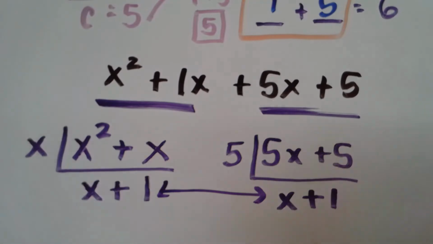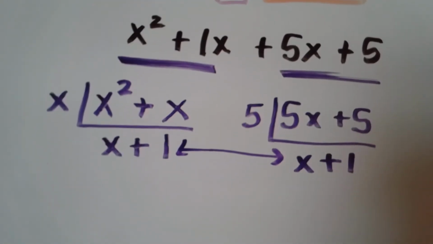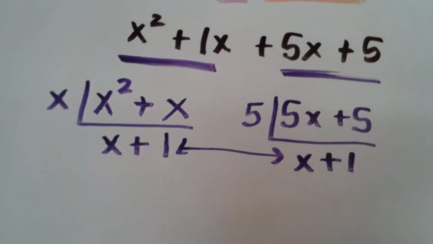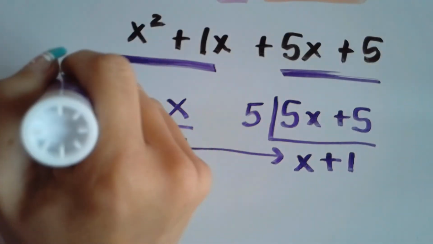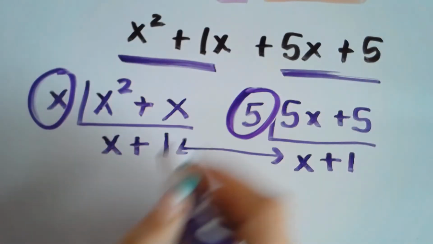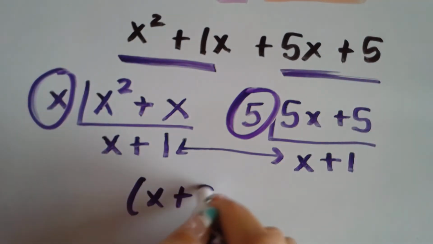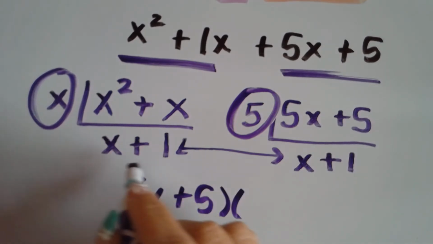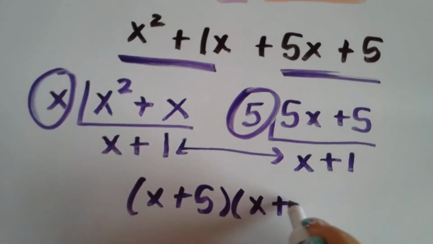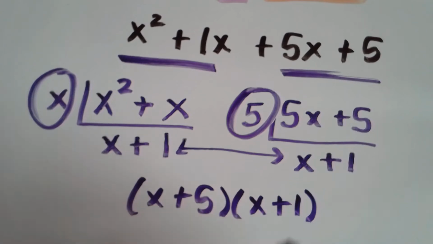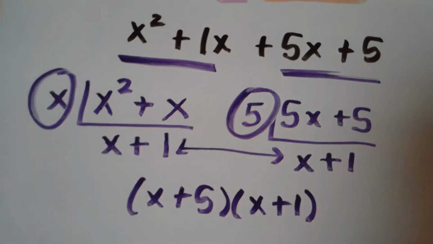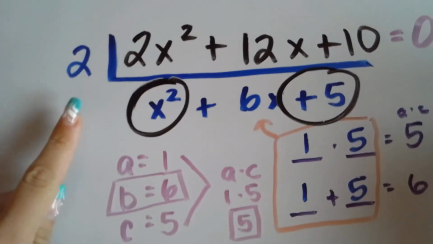So let's go ahead and write our final factored answer, okay? So we have x and 5, so we're going to write x plus 5 times x plus 1, okay? But do not forget our GCF, which is a 2.